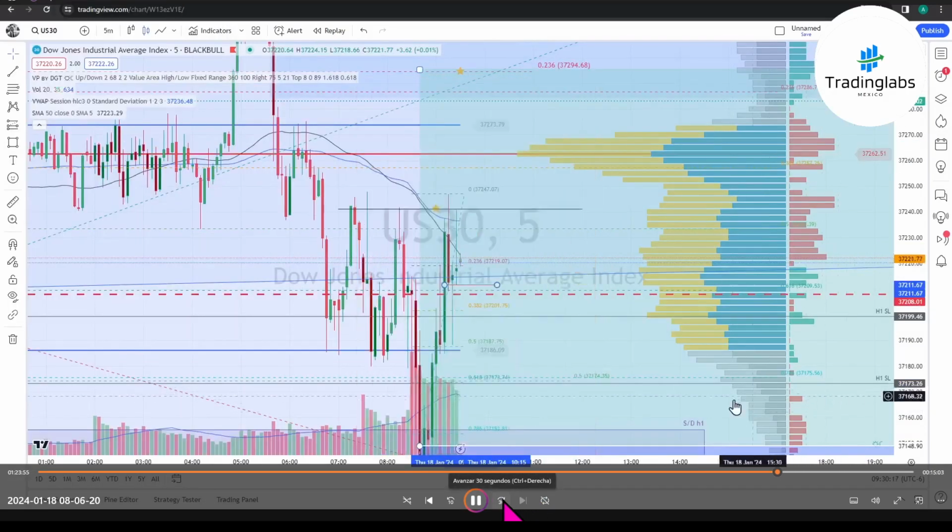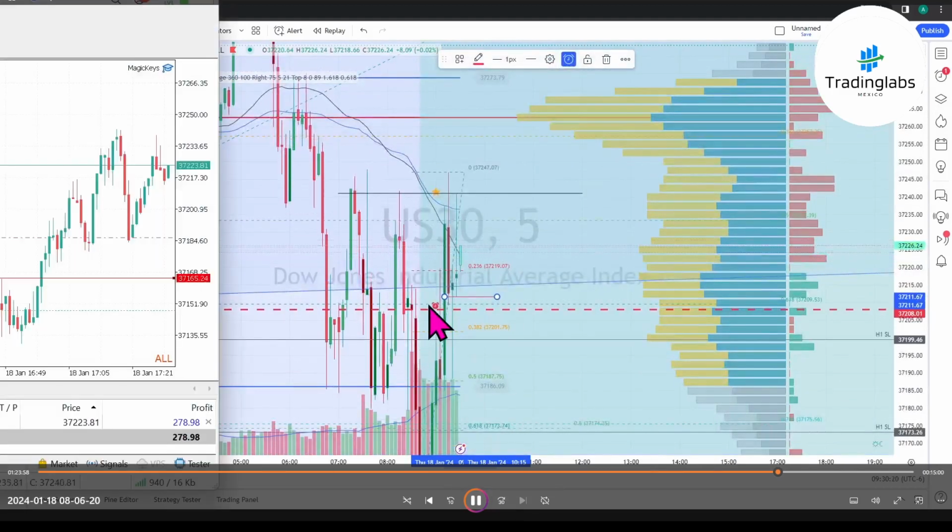Let me forward. I place my stop loss, trailing stop here. I place my trailing stop below this low, that is this one.